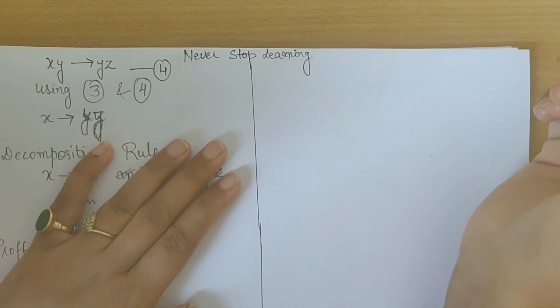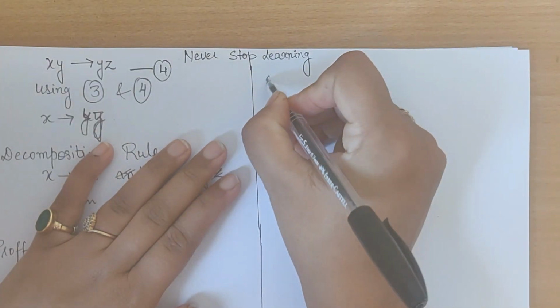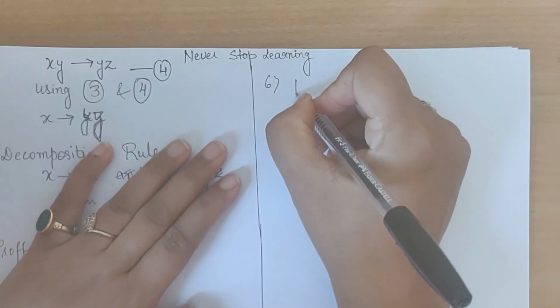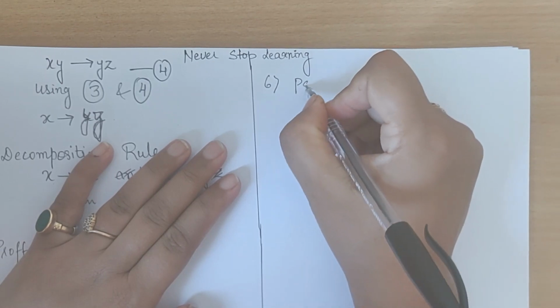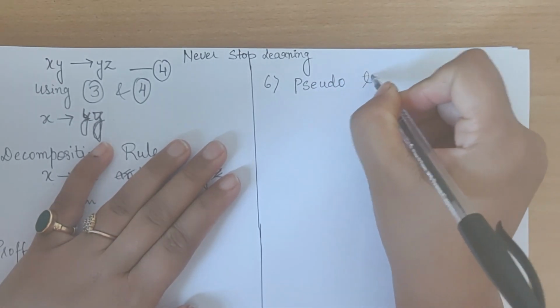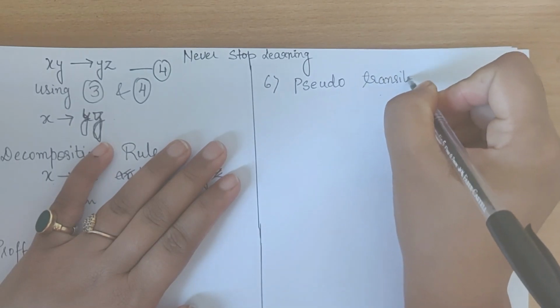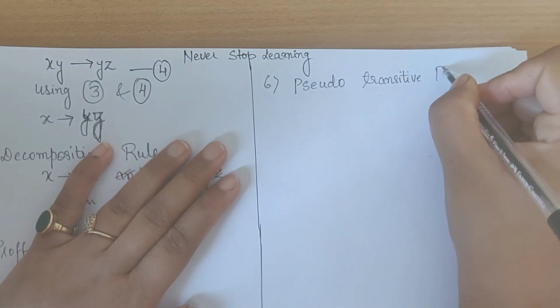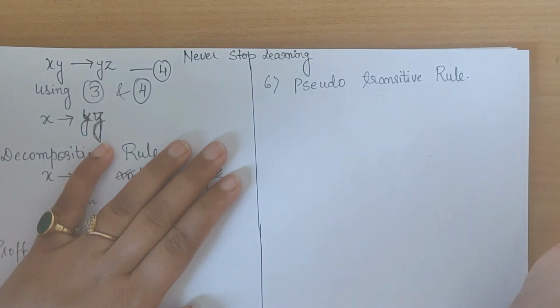Last, we have the pseudo transitive rule. This is our sixth rule. What does this rule say?